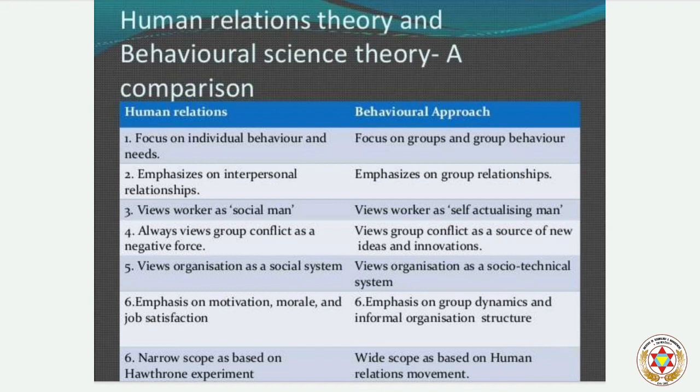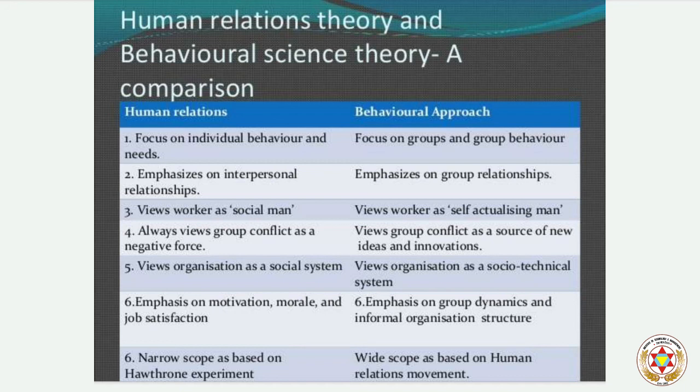Human relation views the worker as a social man, whereas behavioral views workers as a self-actualizing man. Human relation always views group conflict as a negative force, whereas the behavioral approach views group conflict as a source of new ideas and innovations coming up.